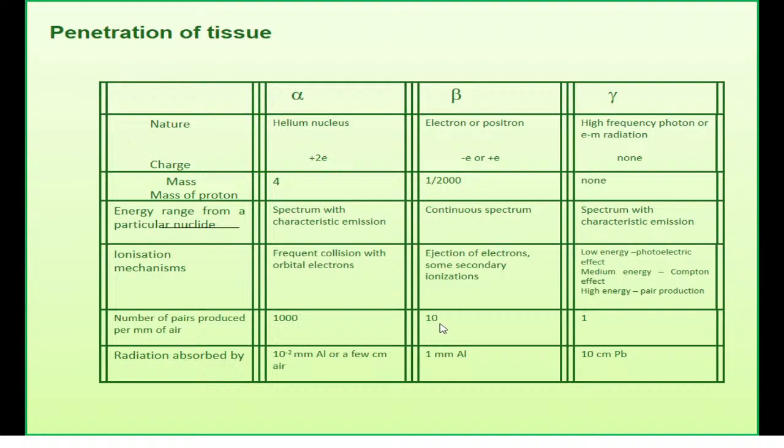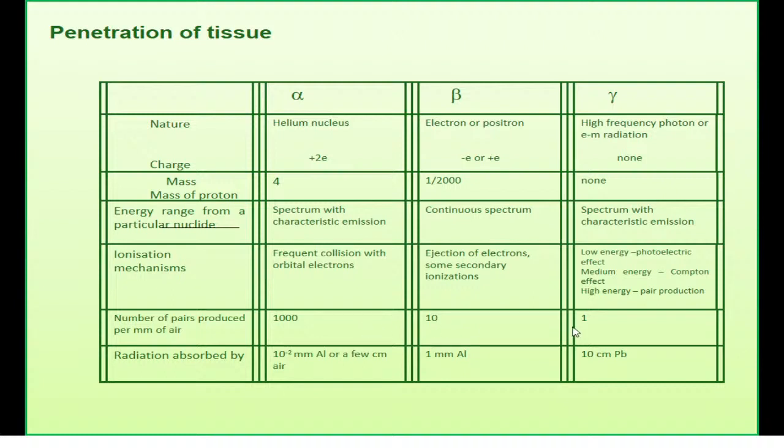So the penetration of the beta particle is 100 times greater than that of the alpha particle.